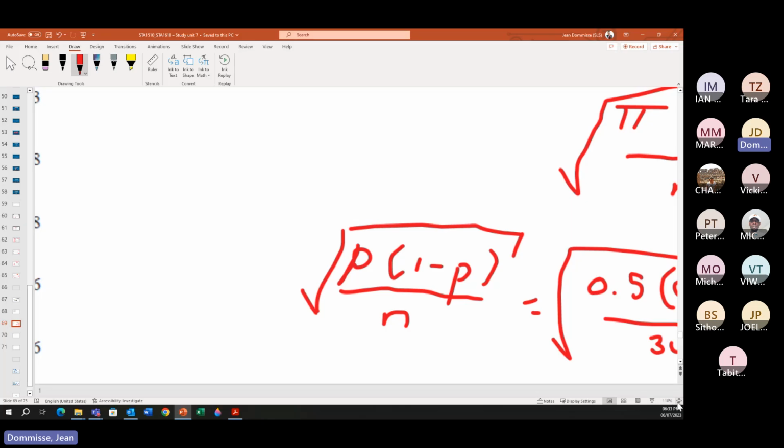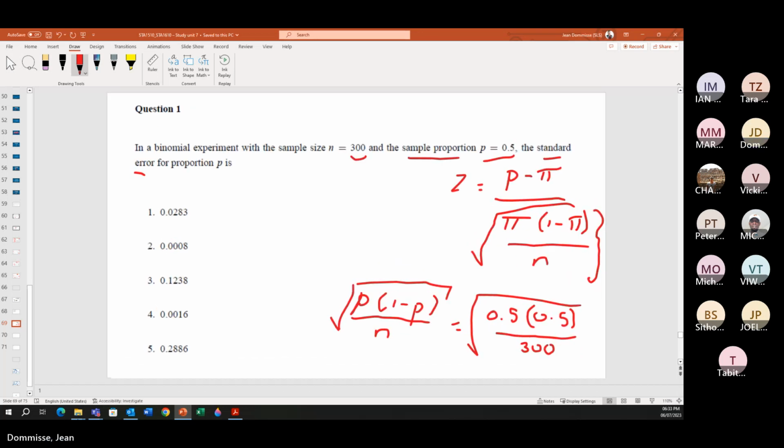That answer we need to square root. So basically 0.5 times 0.5 and then square root. So let me use my Excel for that.